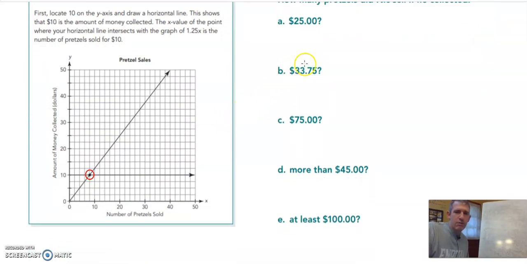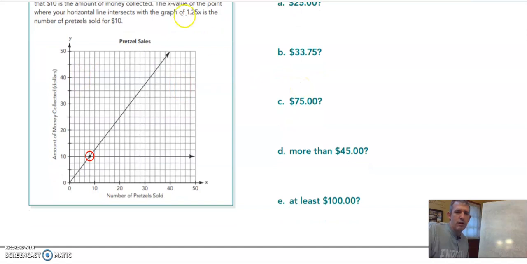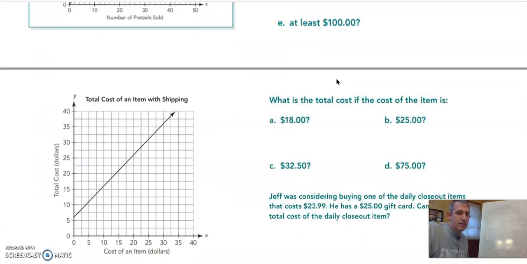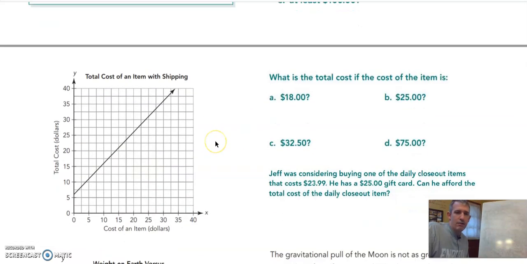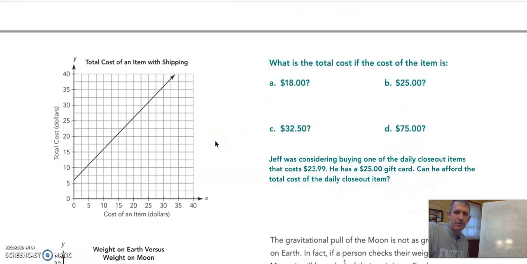When you get into more detail or numbers that are not on the graph, you kind of have to rely more on the facts that you know, like the equation, okay? That is $1.25 per pretzel, stuff like that. Here, they don't give us that, which I think if we had the actual text, we would, but we can figure it out based on the graph. Okay, I'll show you what I mean as we work through this.